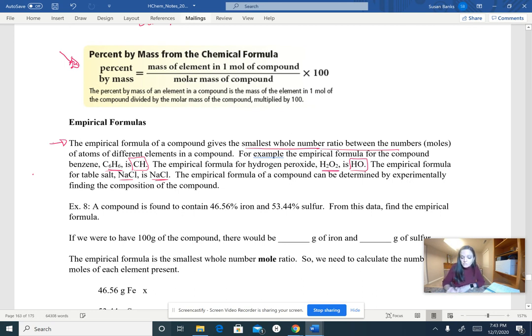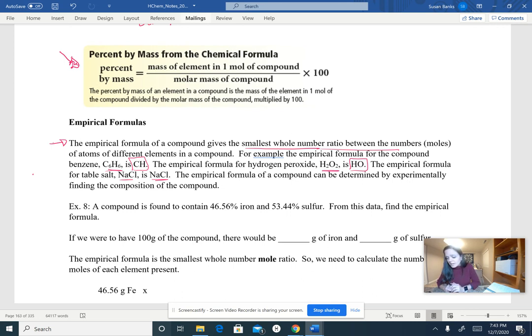So it's still NaCl. Okay, the empirical formula of a compound can be determined by experimentally finding the composition of the compound. And we do that by what we call mass spectrometry. And a lot of companies will do that, but we're just going to go with data. I want to give you one more example of an empirical formula.